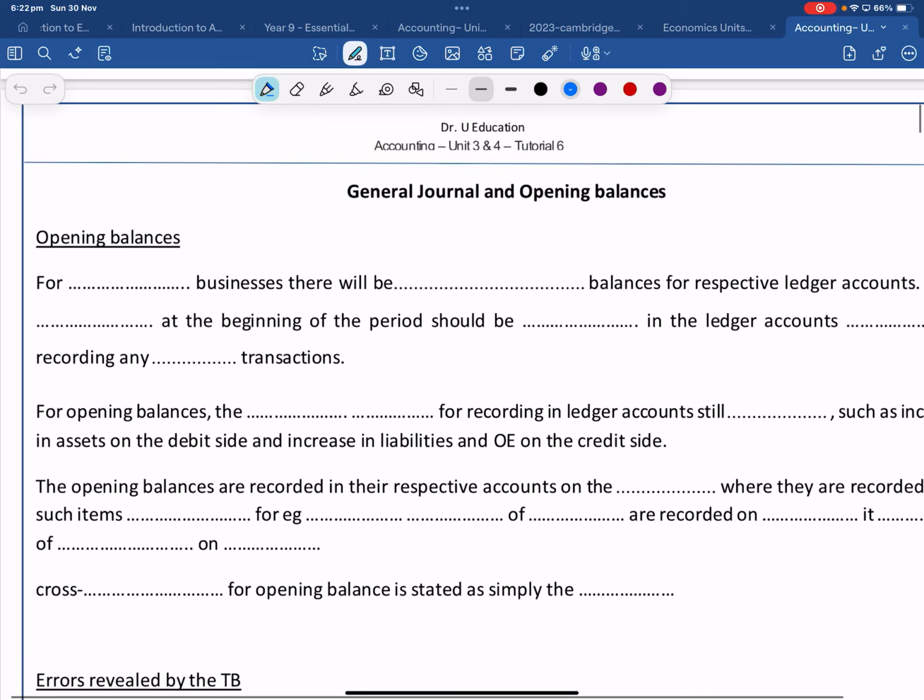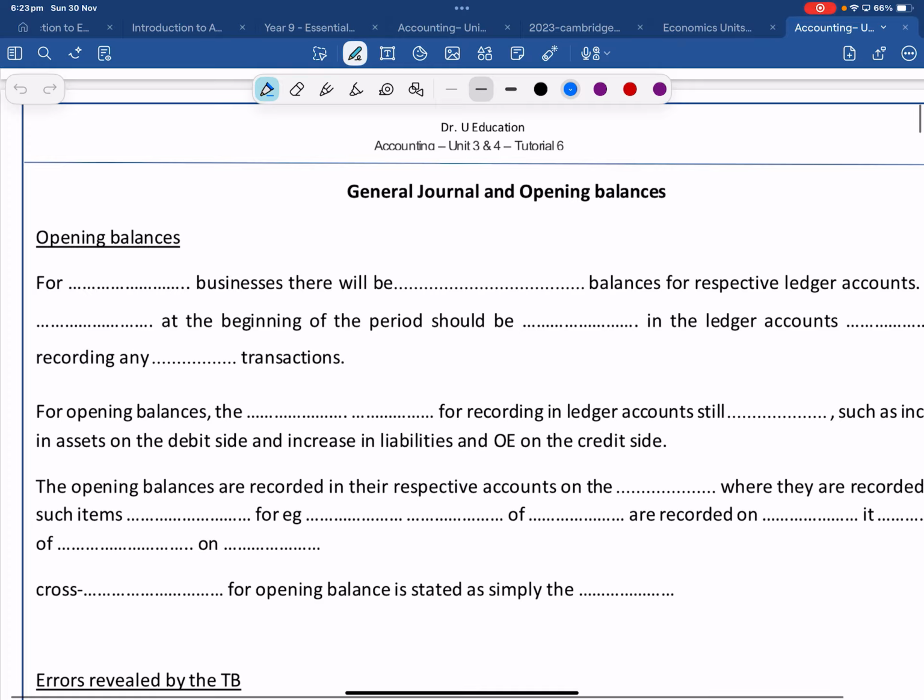Answers. Now, for the questions that we have done so far, if you can recall your memory, what did you do? We just did trial balances for new businesses.